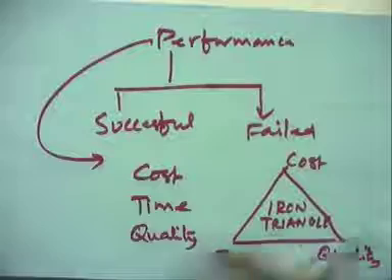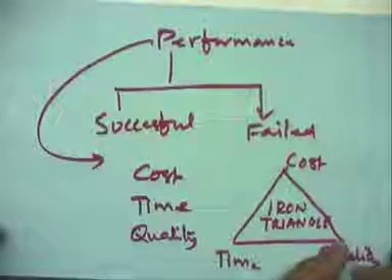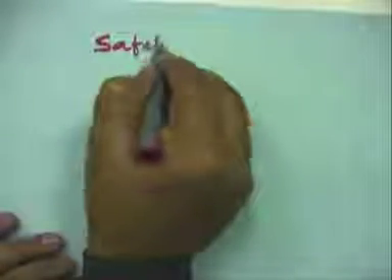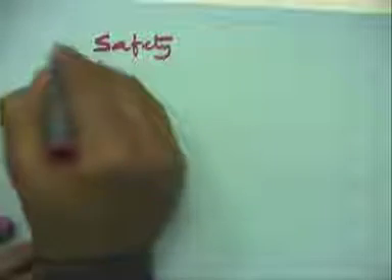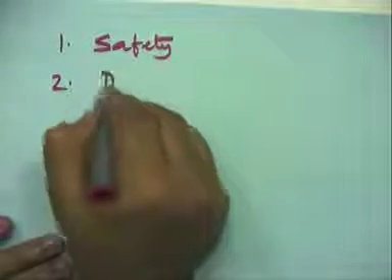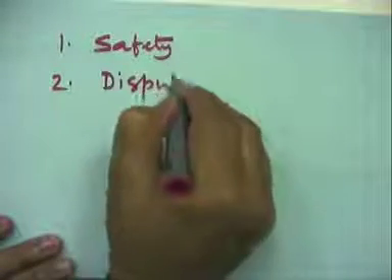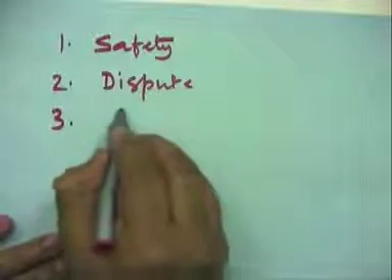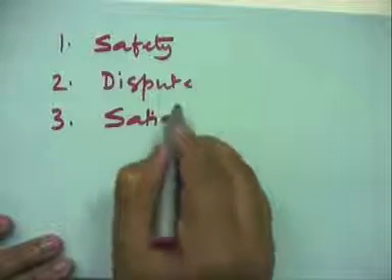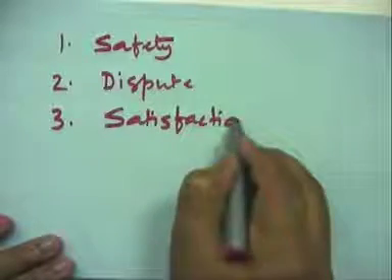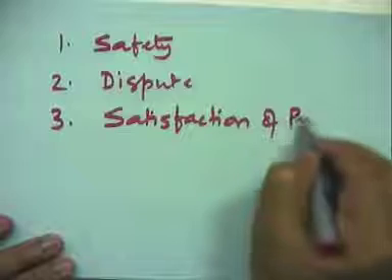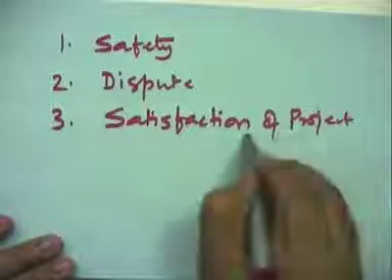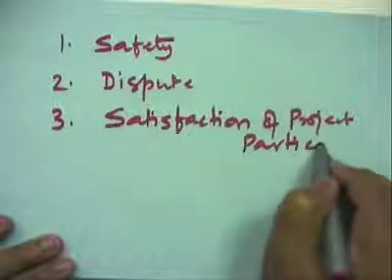Now in addition to these three, there are a number of other criteria also that are in vogue. For example, safety. For example, dispute. Okay, then you have the satisfaction of project participants.